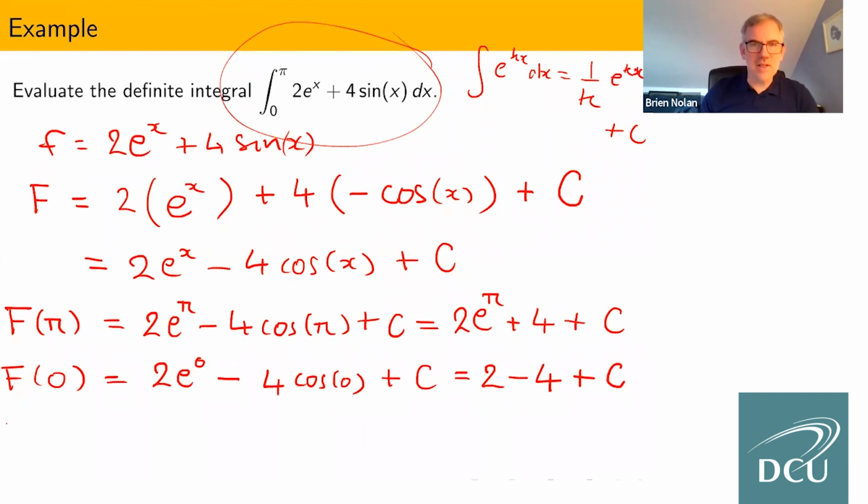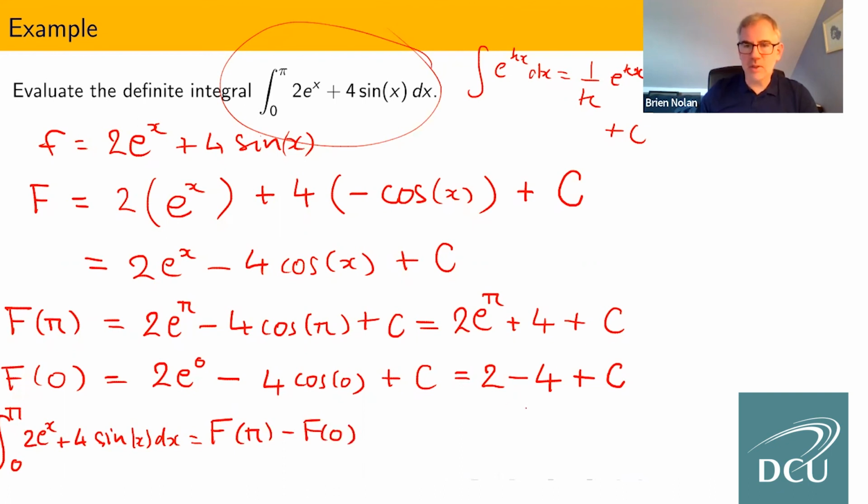Okay, so the definite integral, the integral from 0 to pi of twice e to the x plus 4 times sine x dx, is f at pi minus f at 0. Tidying that up, actually I should have noticed on the previous line that f at 0 was equal to minus 2 plus c.